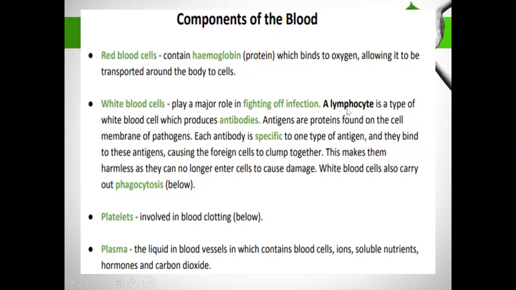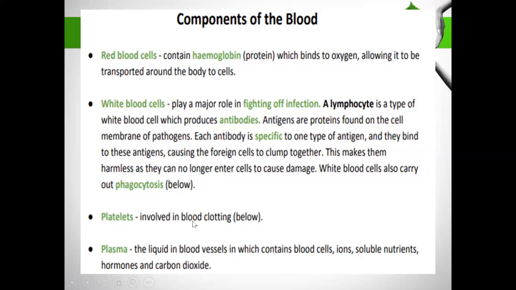If sometime diagrams of lymphocyte and phagocyte are given and you are asked to identify them: in the lymphocyte, the nucleus is rounded and big. In phagocytic cells, the nucleus is bilobed or trilobed. And in red blood cells there is no nucleus.